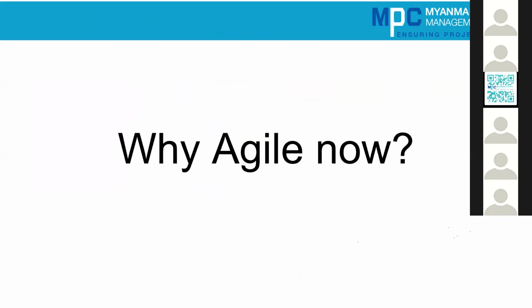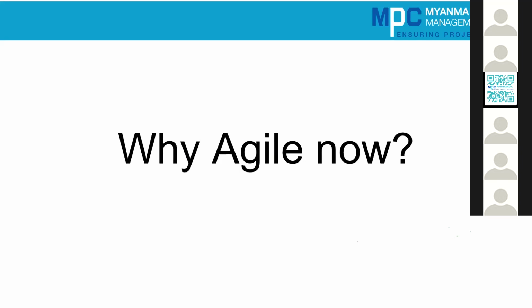Why agile now? Agile management is a big topic. Now, of course, because of the virus, we need to be very agile and very adaptive. But also before we had the virus, we already had to be adaptive in the economy.